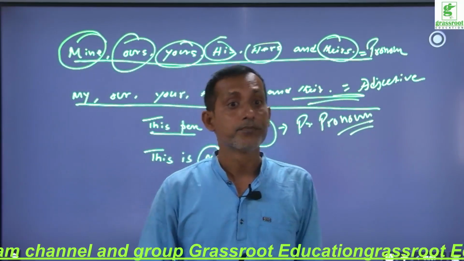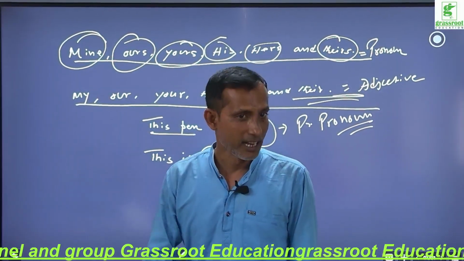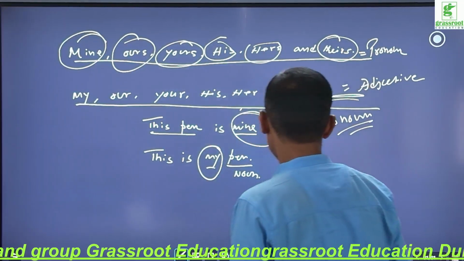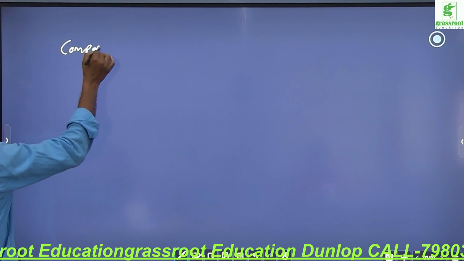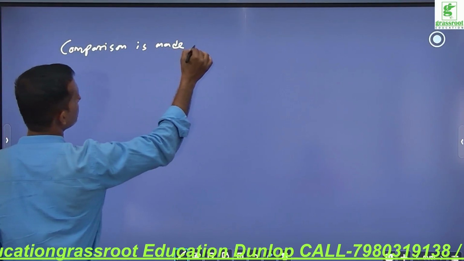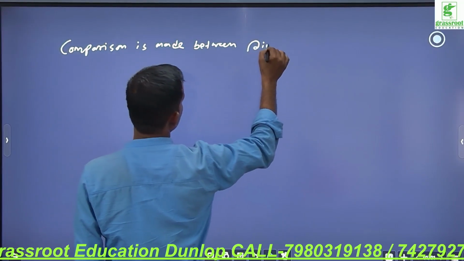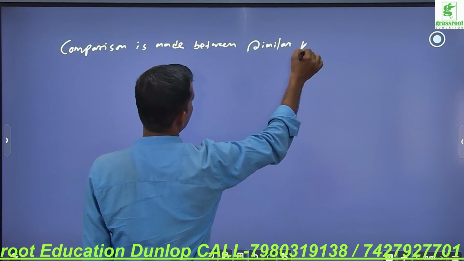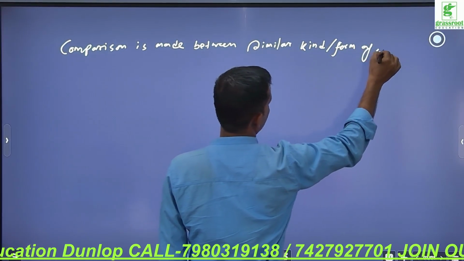Now I try to give you a recap of the last day's class. Now we have to go through the comparative concept regarding this. We got the rules. What type of rules? Comparison is made between similar kinds or forms of words.